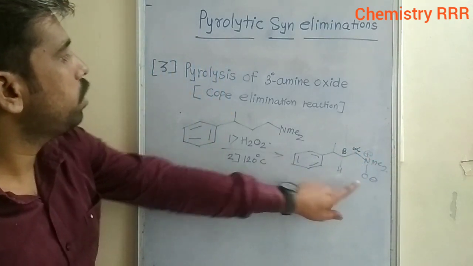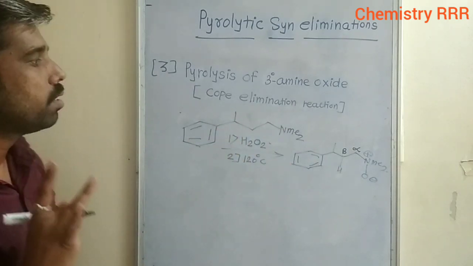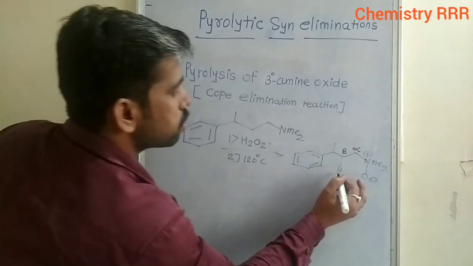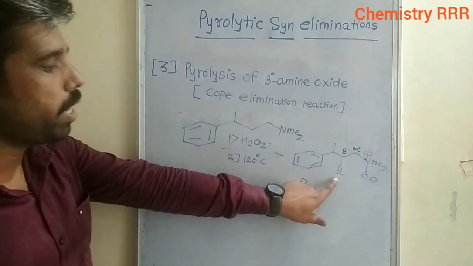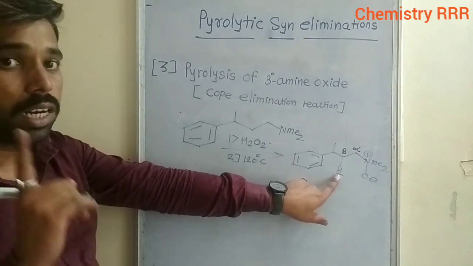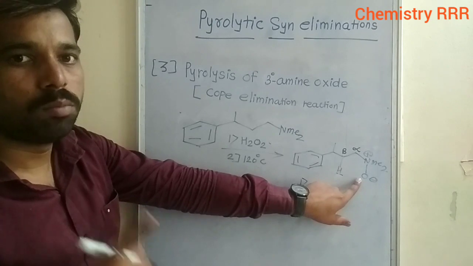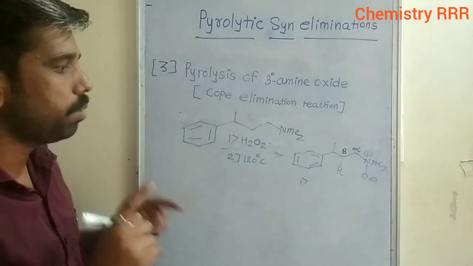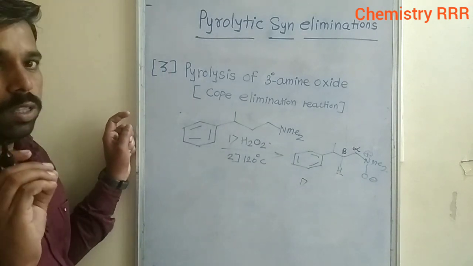Now you know the condition for the syn pyrolytic elimination is that there must be at least one beta hydrogen atom, and the second condition is that the beta hydrogen and the eliminating group must be cis to each other.